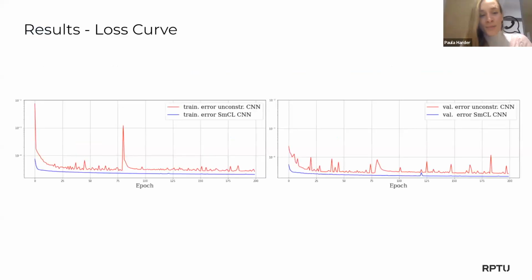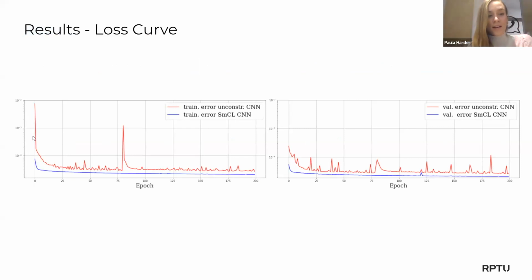Here's the loss curve. On the left, we have the training and the validation loss. What is important to see is that these are two of the same architectures, one just with the added constraint layer, that's the blue one. The red one is just the standard CNN, no constraints.